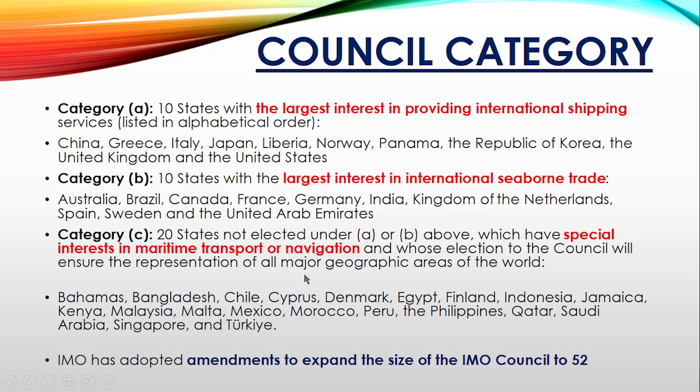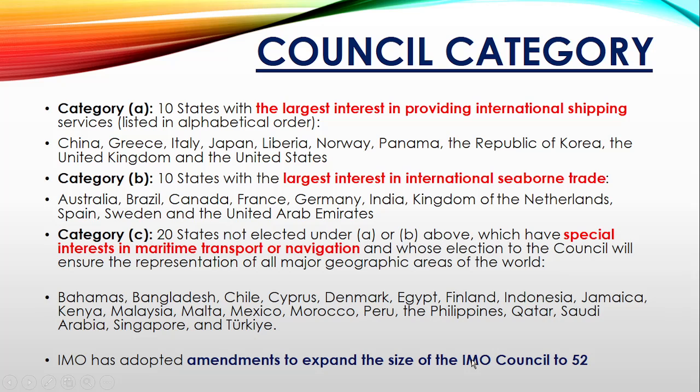So you just need to remember that there are three categories: A is the largest interest in providing international shipping, B is the largest interest in international seaborne trade, and C is special interest in maritime transport and navigation. These are the three categories on which the council is categorized, and it is subject to expansion to 52 as per the recent amendment.